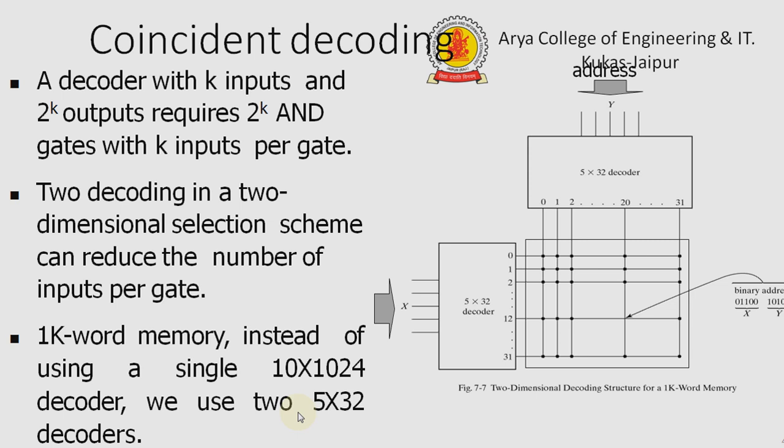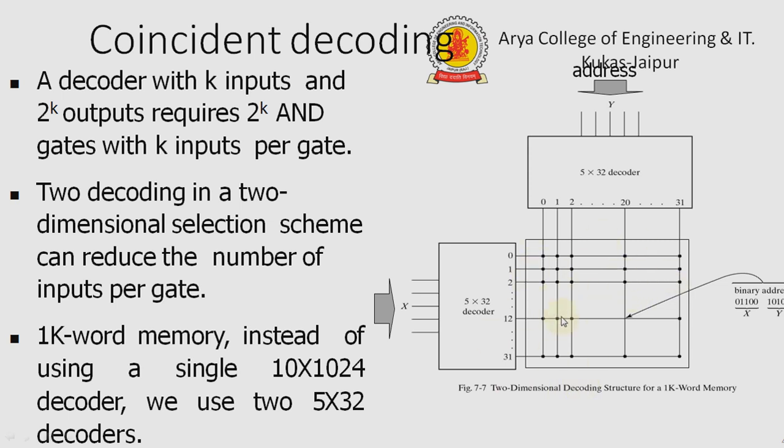The 5 most significant bits of the address go to input X and the 5 least significant bits go to input Y. So each word within the memory array is selected by the coincidence of one X line and one Y line. Thus each word in memory is selected by the coincidence between one of 32 rows and one of 32 columns, for a total of 1024 words.